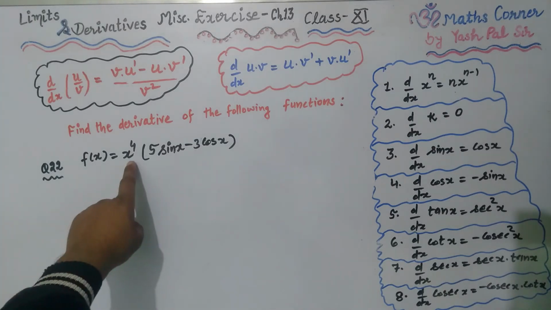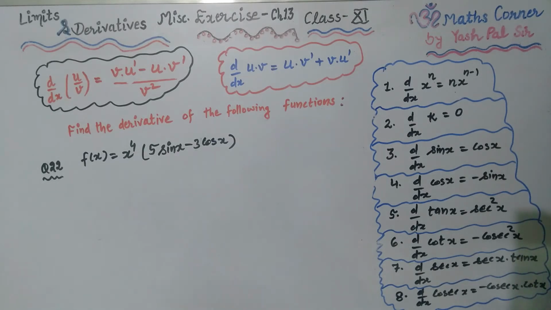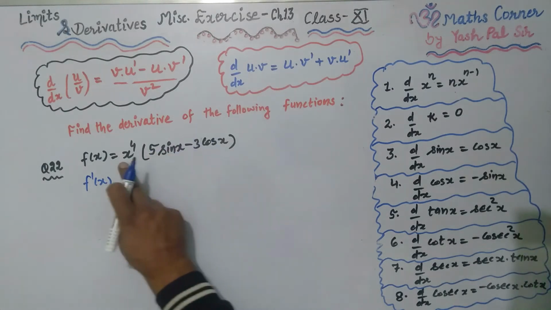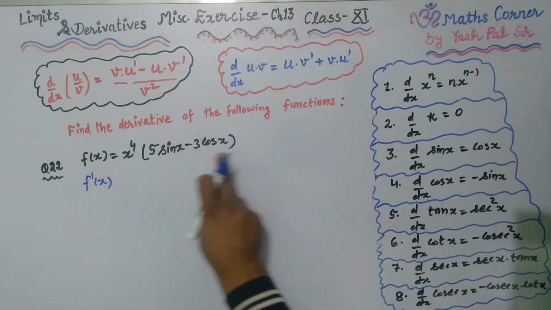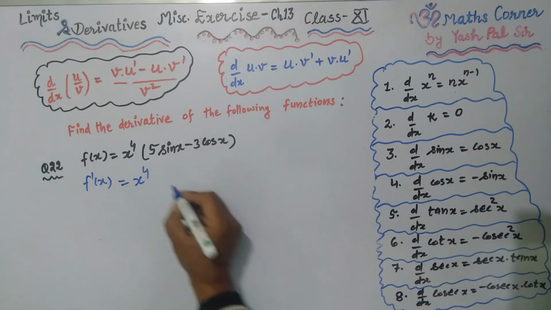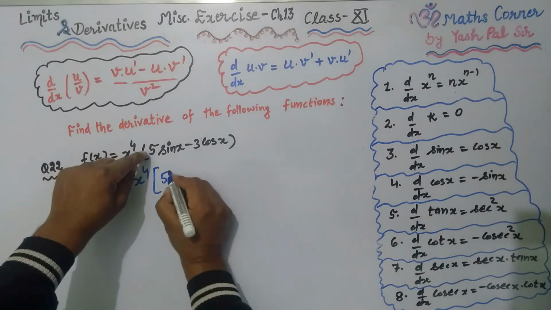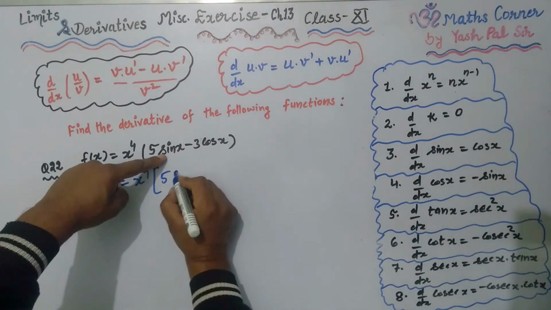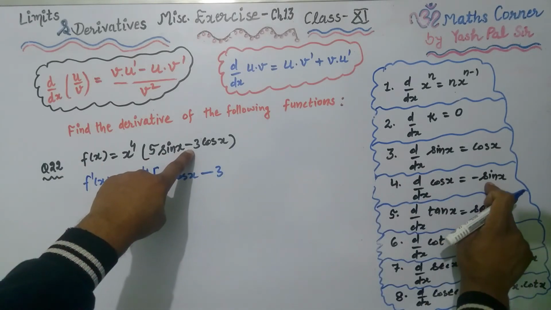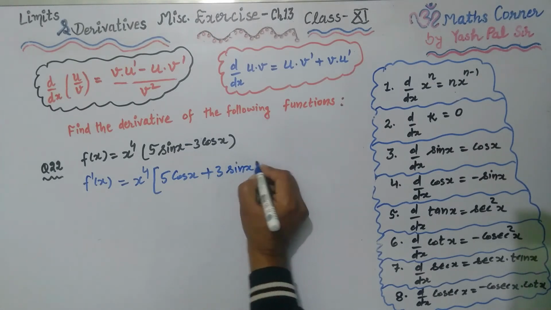So now next question, question number 22. f of x is equal to x power 4 into 5 sin x minus 3 cos x. So here f dash x, product rule, u into v. u is x raised to power 4, this bracket is v. So what is the result? u as it is, x raised to power 4, into derivative of this: 5 as it is, derivative of sin x is cos x, minus 3 as it is, derivative of cos x is minus sin x. So minus minus plus sin x.